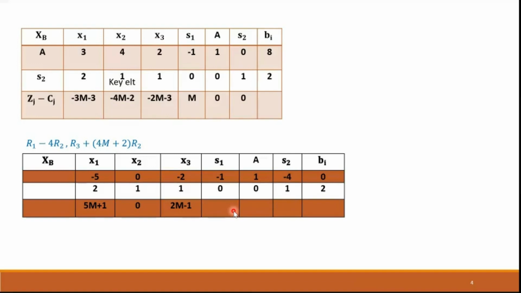S1 वाले इसमें क्या आएगा? m, because that is 0 there, so m ही आएगा. Then एक पे इसमें that is 0 and this is 4m plus 2. Is it okay? Last row, मतलब S2 वाला column जो है, 4m plus 2. ठीक है.